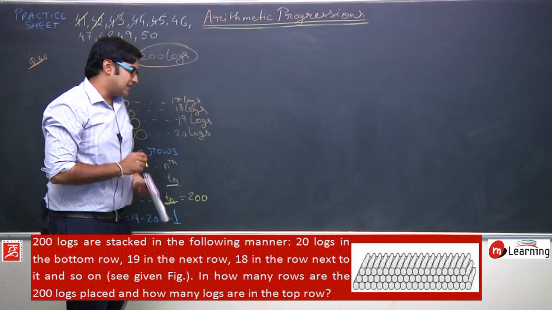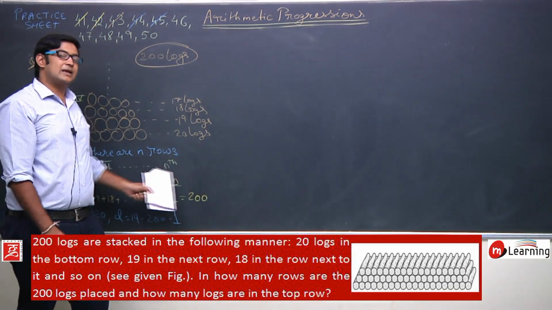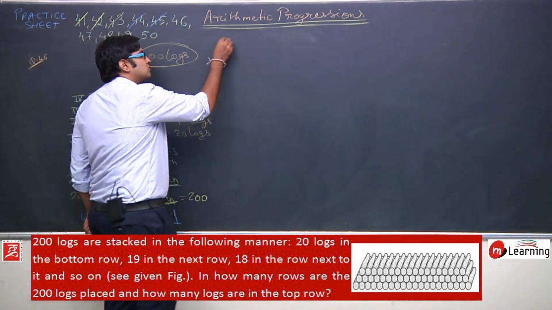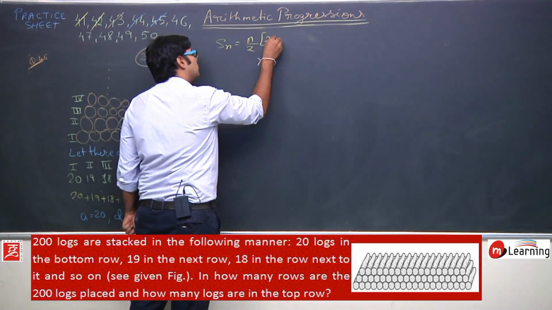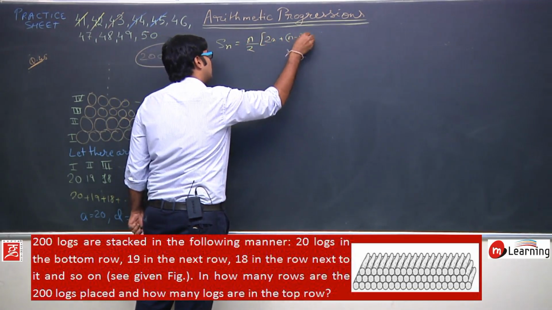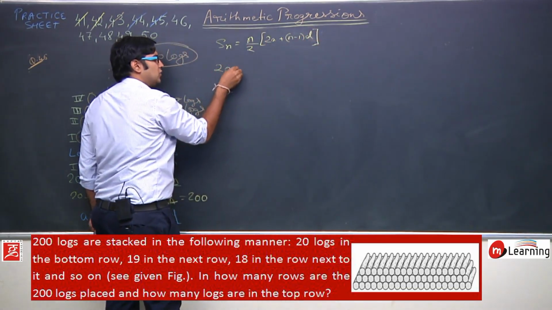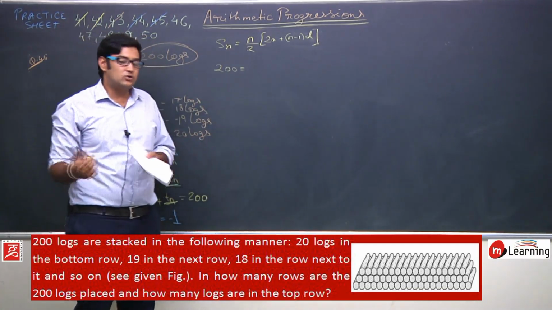And I can see that since there are n number of rows, it means this AP contains n terms. So the sum of n terms of an AP is given as n by 2 into the bracket 2a plus n minus 1 into d. This is the formula. Sum of n terms is total 200 because I have total 200 logs. So I need to place only 200 logs.